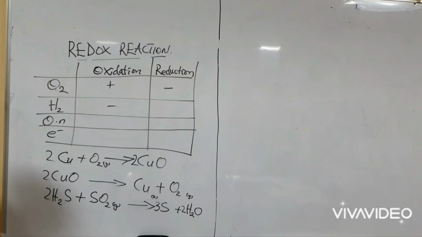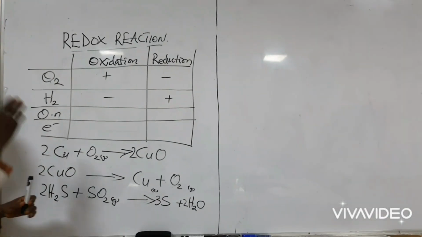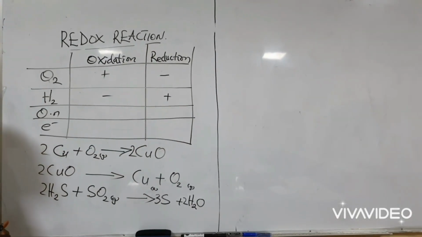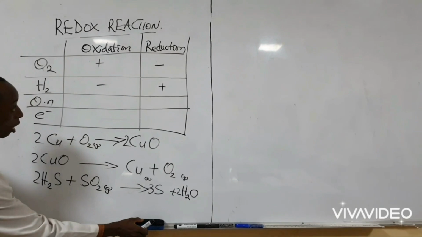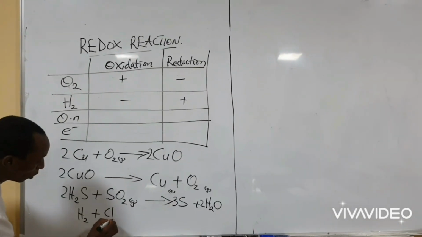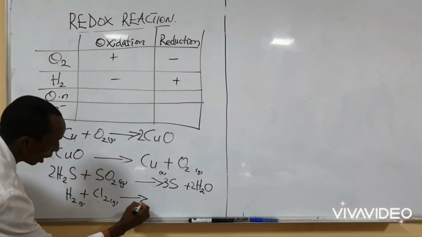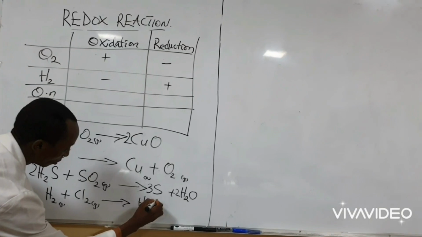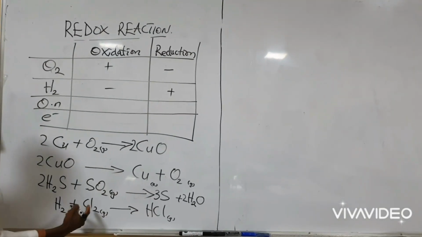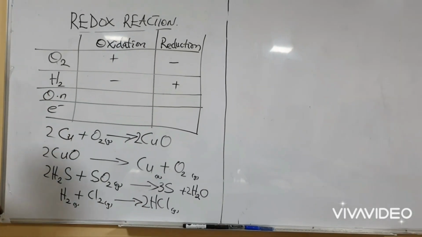So, the other way around, addition of hydrogen to a substance is what we call reduction. For example, hydrogen gas plus chlorine gas to give you hydrochloric acid gas, 2 moles of hydrochloric acid.